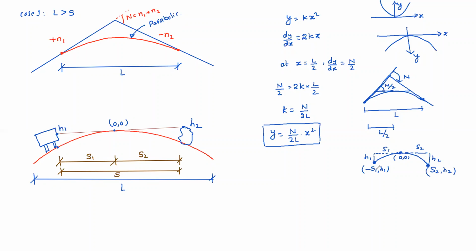So y is here H1 equal to n by 2L into x square. X square means S1 square. Similarly, H2 equal to n by 2L into S2 square. X square means S2 square. So from this, what is S1, what is S2?